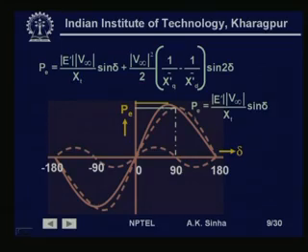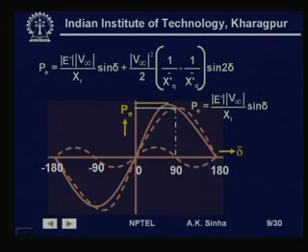So, as delta angle increases, the electrical power output of the machine will decrease further, and this will continue like this. The system will lose synchronism, because the speed will keep on increasing even if we have not increased the mechanical power beyond this value.